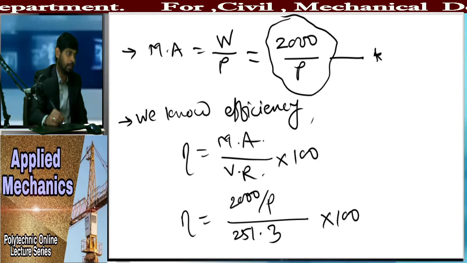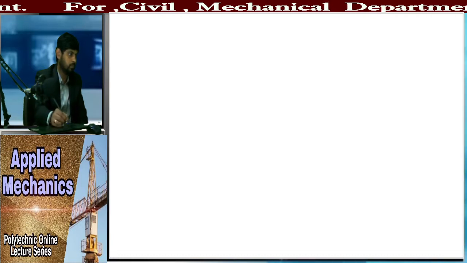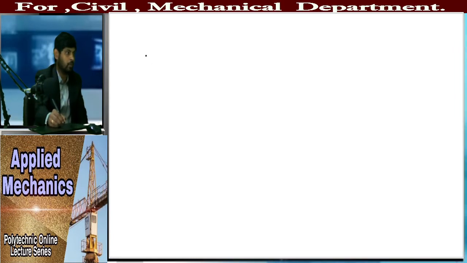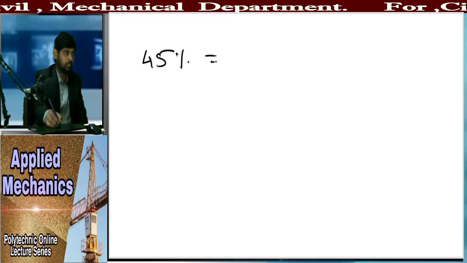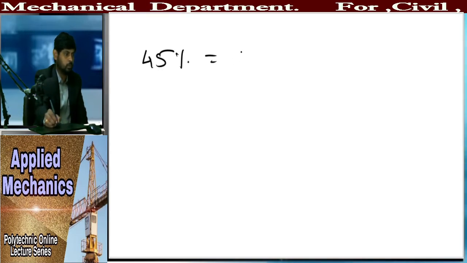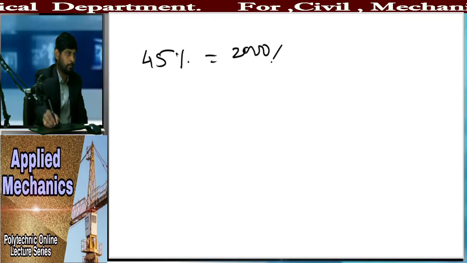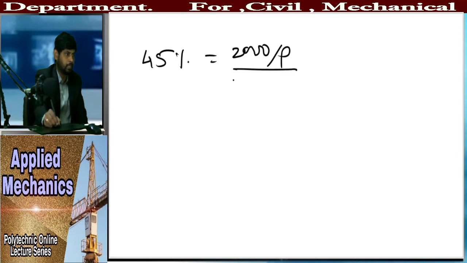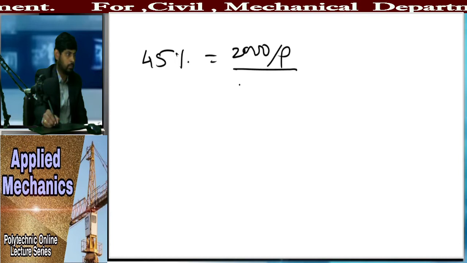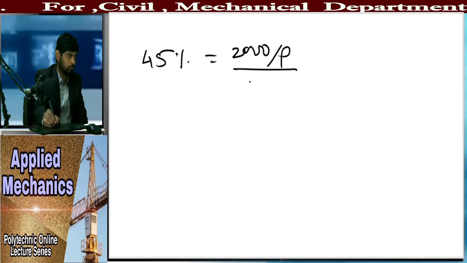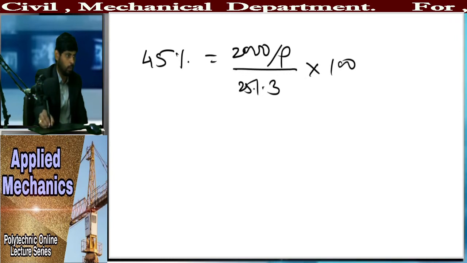So 45% is equal to 2000 divided by P divided by 251.3 into 100.